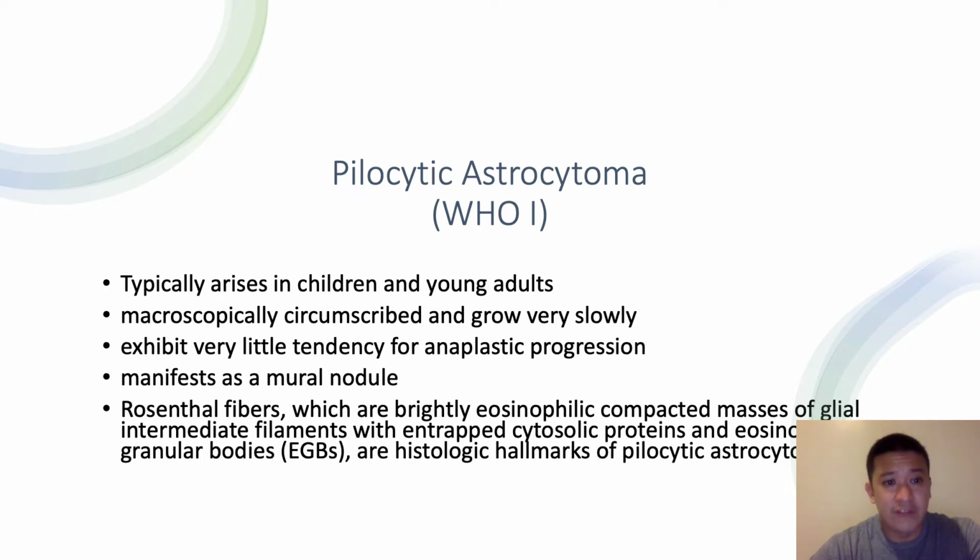Rosenthal fibers, which are bright eosinophilic compact masses of glial intermediate filaments, are entrapped within cytoplasmic protein and eosinophilic granular bodies. The EGBs, the eosinophilic granular bodies, are histologic hallmarks of pilocytic astrocytomas.